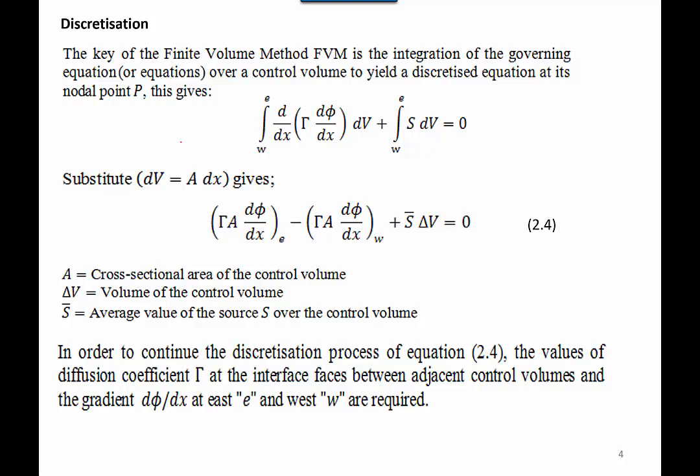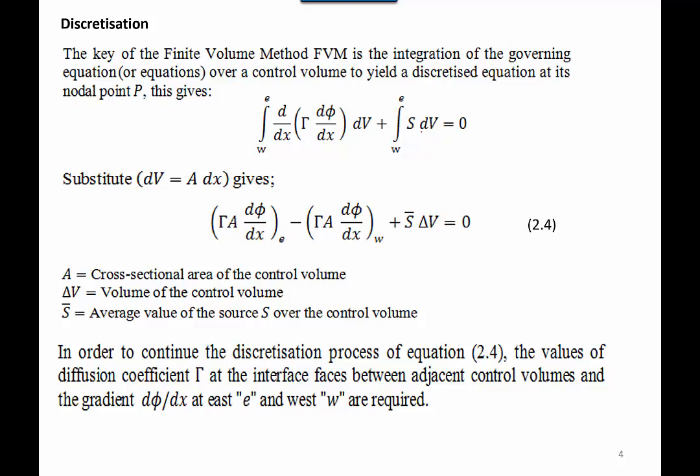Since dv equals the cross-sectional area, represented by A, multiplied by dx, we substitute this dv into this equation.